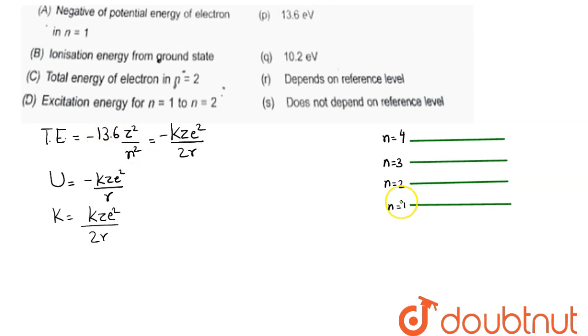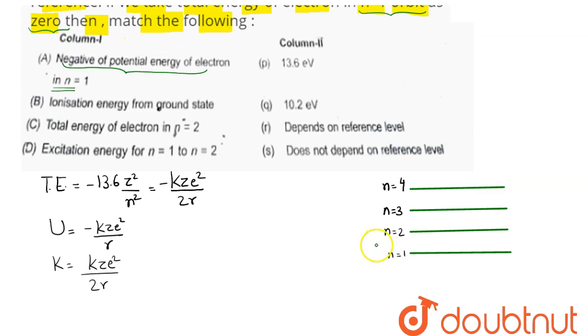Now it says, if at n equal to 1 orbit, we take the potential energy part to be 0. So the negative of potential energy of the electron in n equal to 1 is being asked. Hence at n equal to 1, we need to take the reference as 0, that is, the total energy of the electron in the n equal to 1 orbit as 0.